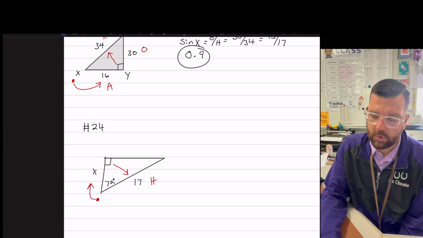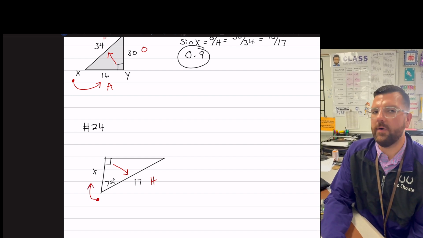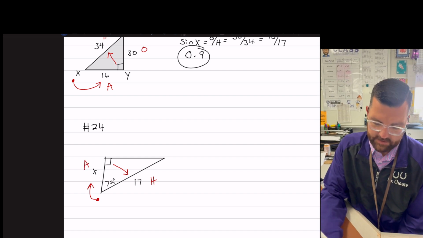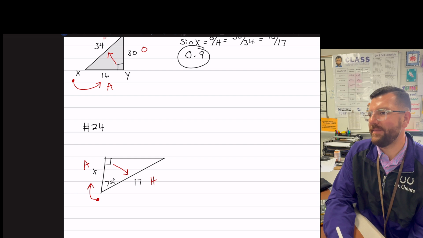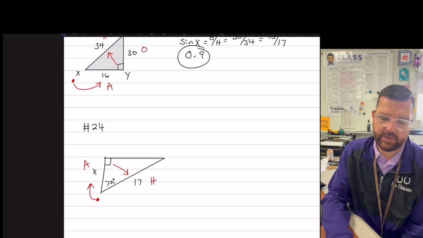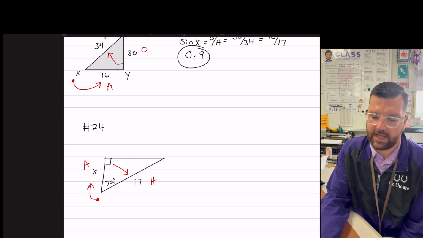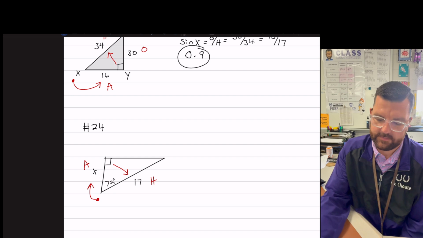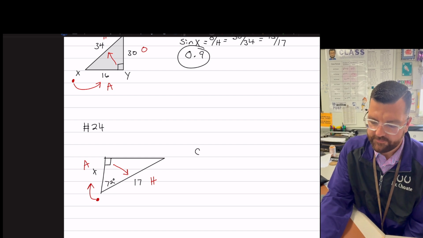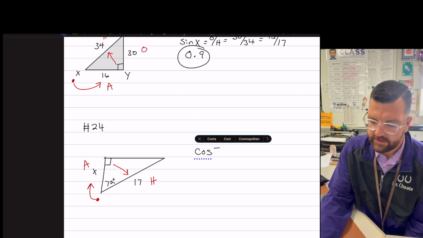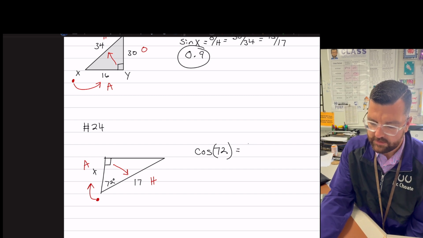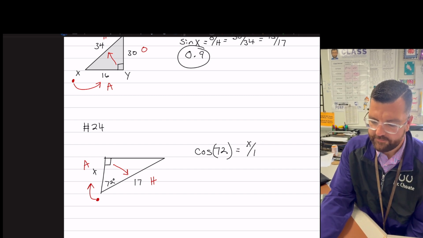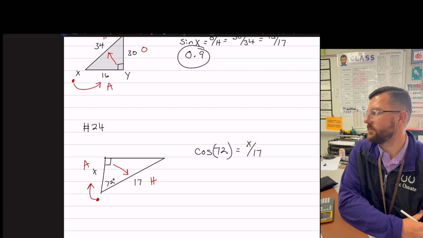Next to x is the adjacent. I have the hypotenuse. I need the adjacent. What trig function uses hypotenuse and adjacent? So watch this. The cosine of 72 degrees is equal to the adjacent over the hypotenuse.